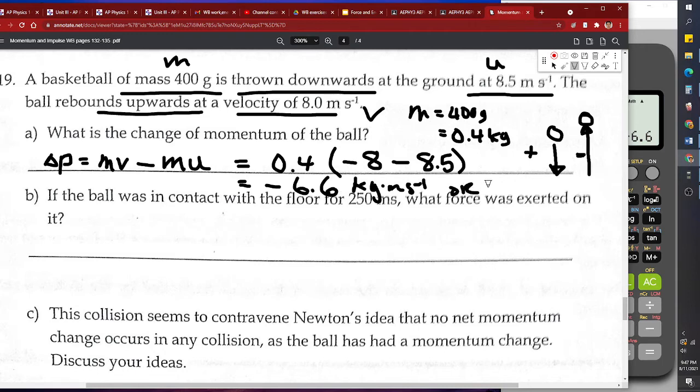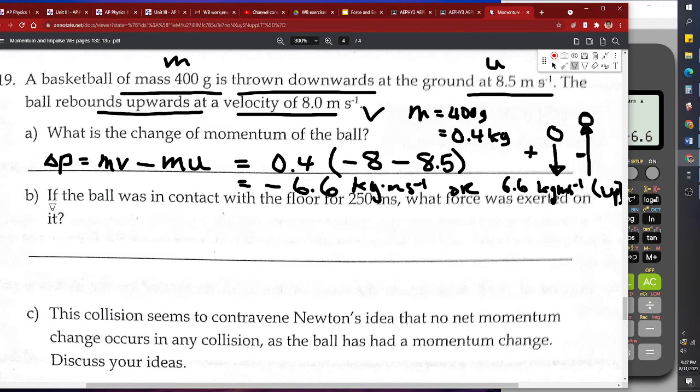Or you could just say 6.6 meters per second up. You could have made the initial direction negative, and the answer would have come out positive, and that would have meant upwards. If you made up positive, it would have matched.